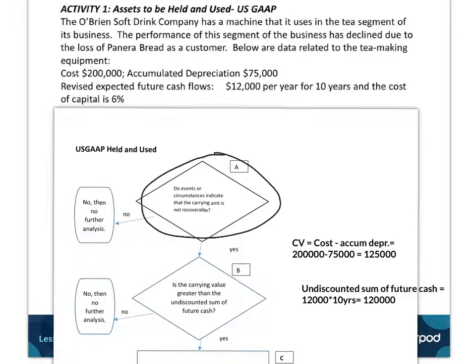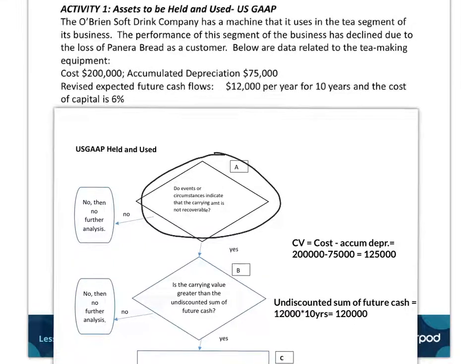All right, so there's my undiscounted sum of future cash. And so the question here is, is the carrying value greater than the sum of the future cash? Well, you can see 125,000 is greater than 120,000. So the answer there would be yes, it is.